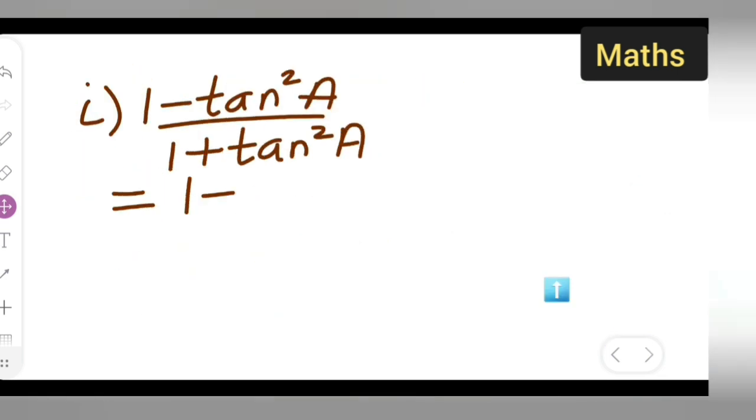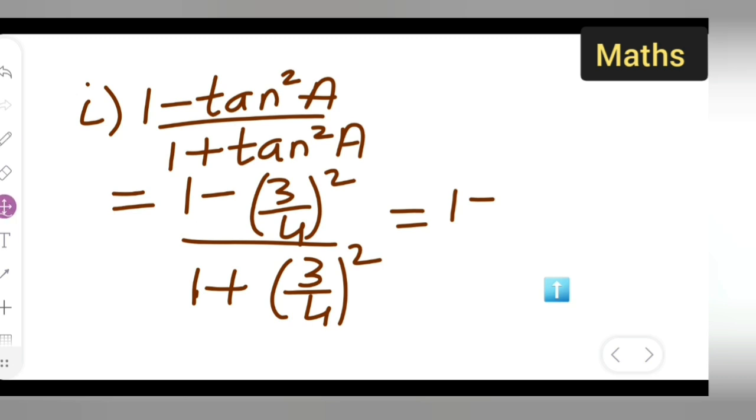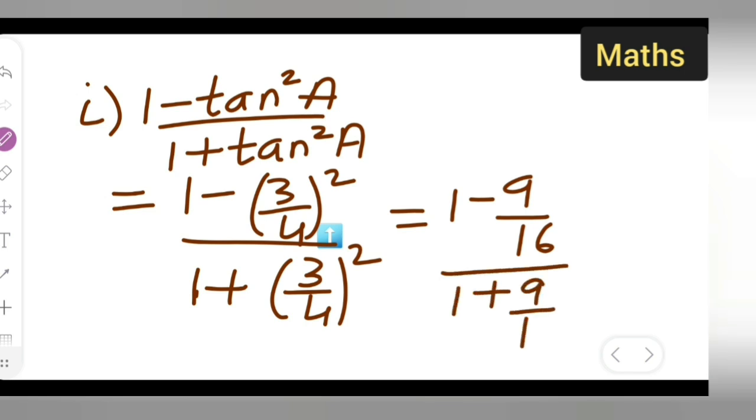So write down 3 upon 4 the whole square upon 1 plus 3 upon 4 the whole square. So it will be 1 minus, what is 3 square now? 9 upon 16, and here it will be 1 plus 9 upon 16.